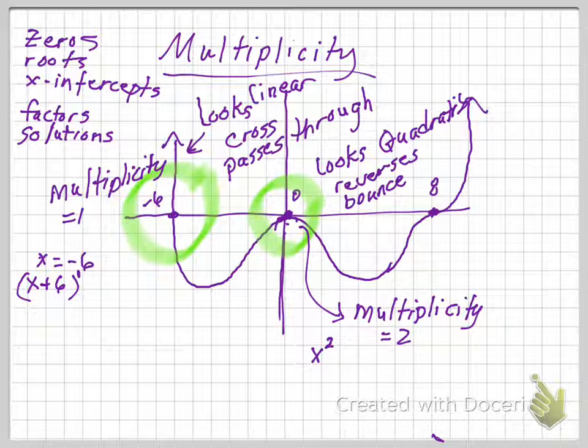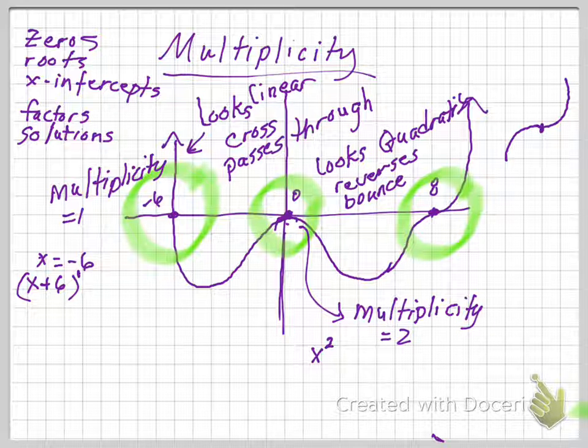Now, what does this last one sort of look like? I didn't draw it very well, but what does it sort of look like? It looks odd. What's the smallest odd one that looks like this? Cubic. The point of a cubic is that it comes in with one direction, and at the root it changes to the other direction.